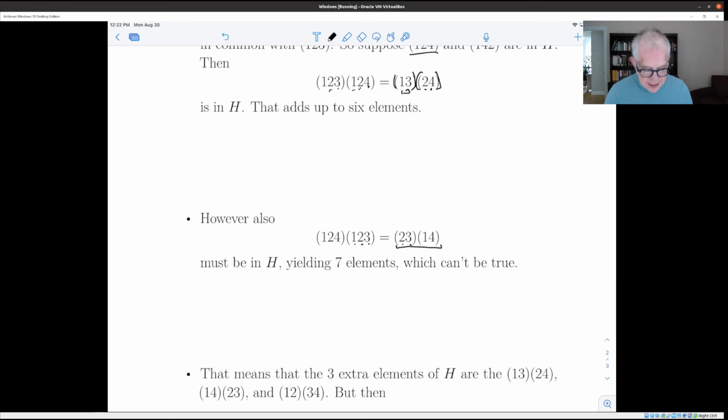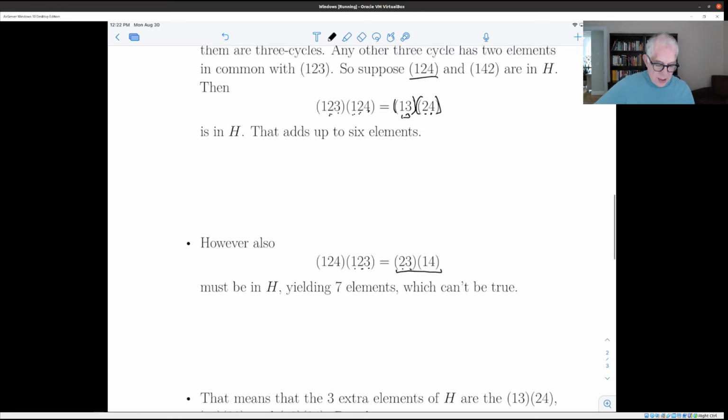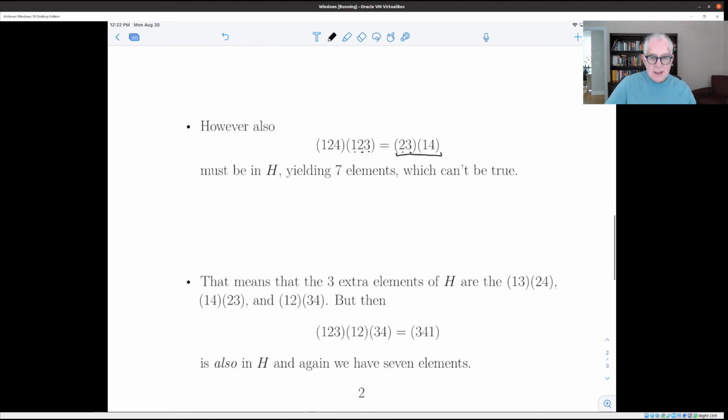So the product in the other order is also a product of transpositions, but it's a different product of transpositions. And that also has to be in H. So now we have a problem. We have 7 elements in H, and that's a problem because we were trying to make one with 6.